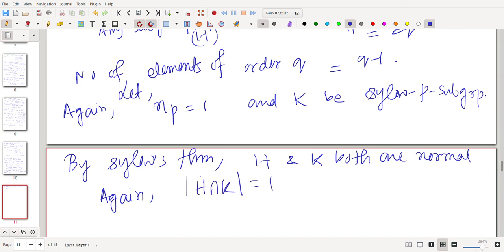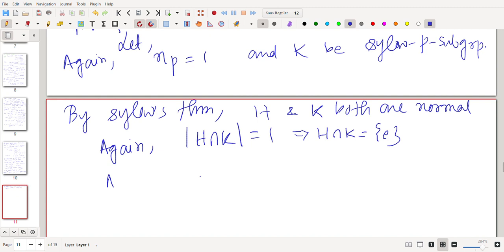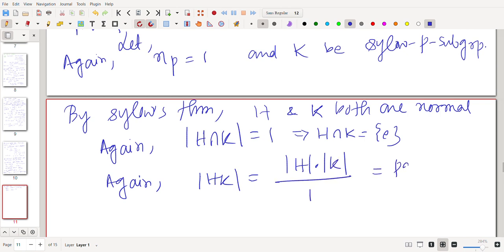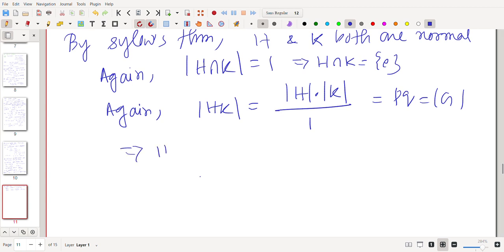So that means the order of H intersection K divides both the order of H and the order of K, but since gcd of p and q is 1, the order of H intersection K is 1. That means H intersection K is the identity. Again, the order of HK is the order of H times the order of K divided by 1, which is pq, which is the same as the order of G. That will imply HK equals G.